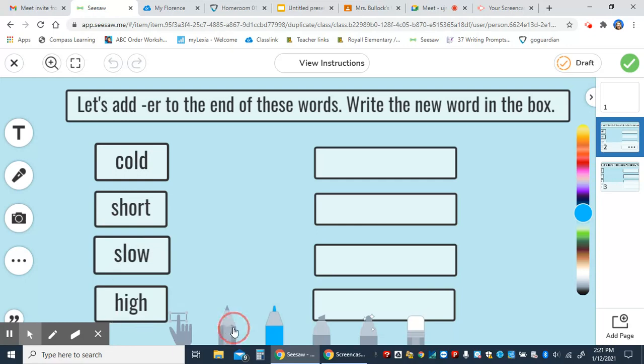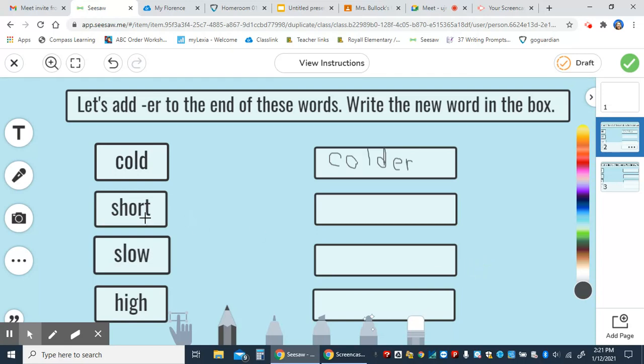So I'm going to pick my pencil. So I'm going to write my word cold. I don't have to make any changes to this word, do I? I simply just write it, and then I'm going to add the ending ER. The ice cream is colder than the popsicle.